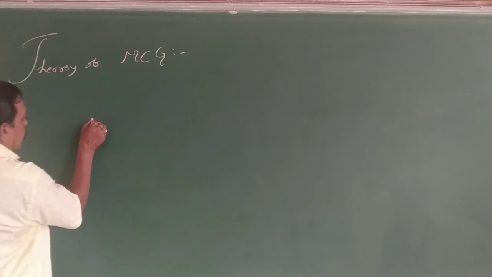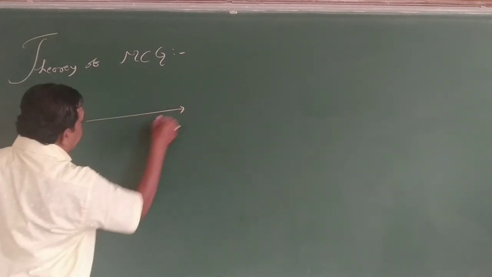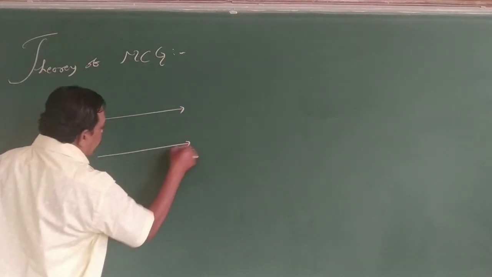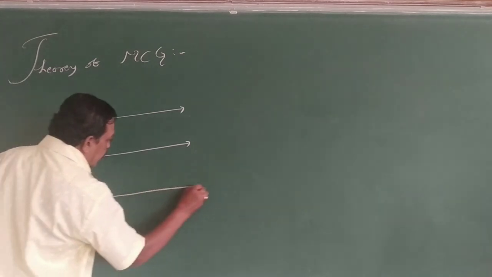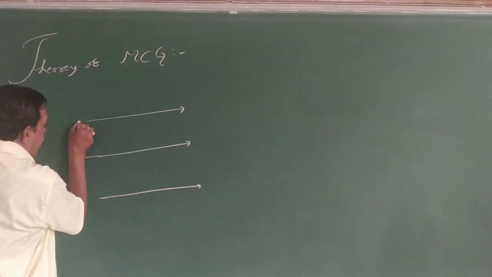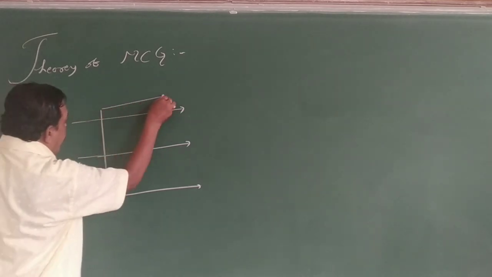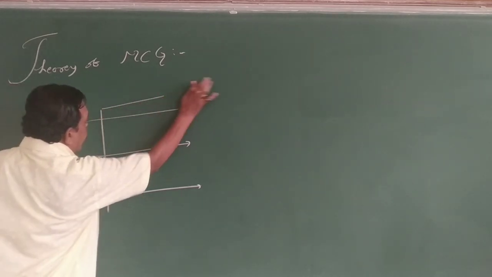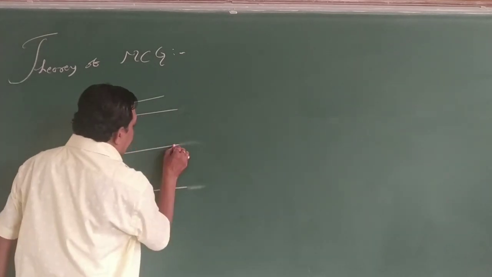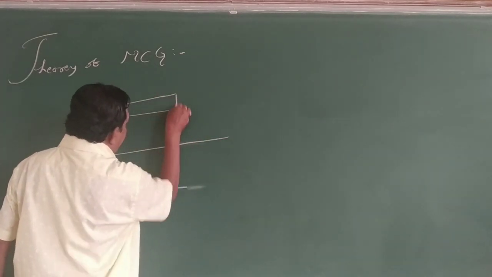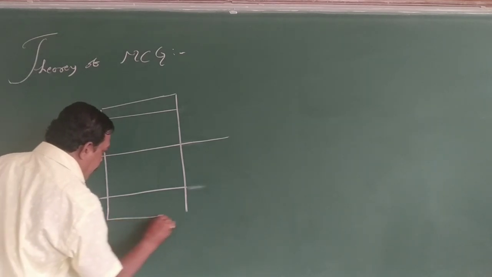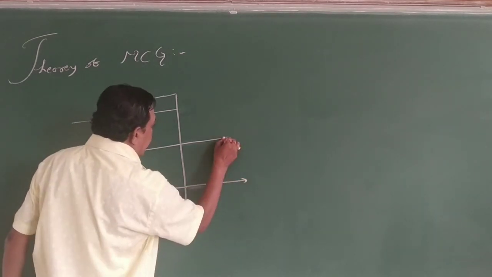What the theory of the moving coil galvanometer tells us: there is a radial magnetic field, that is, a uniform magnetic field along the radius. Now this is the magnetic field where the coil is suspended. This is the direction of the magnetic field.